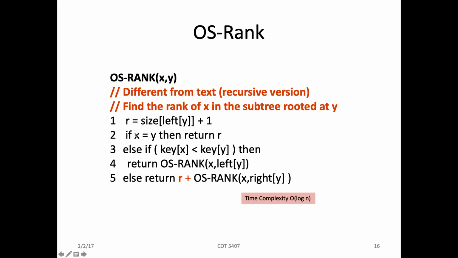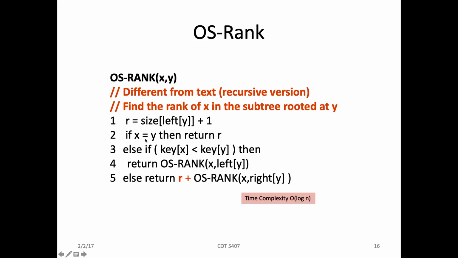Now, here is how this code goes. The first thing in the function is to figure out the size of the left subtree plus 1. That gives you the rank of the root of the tree. So R now is the rank of the root of the tree.